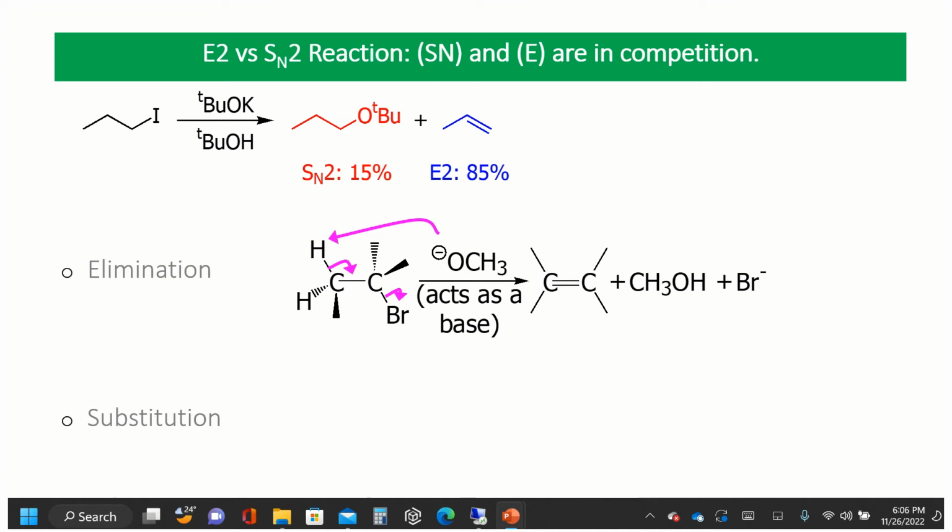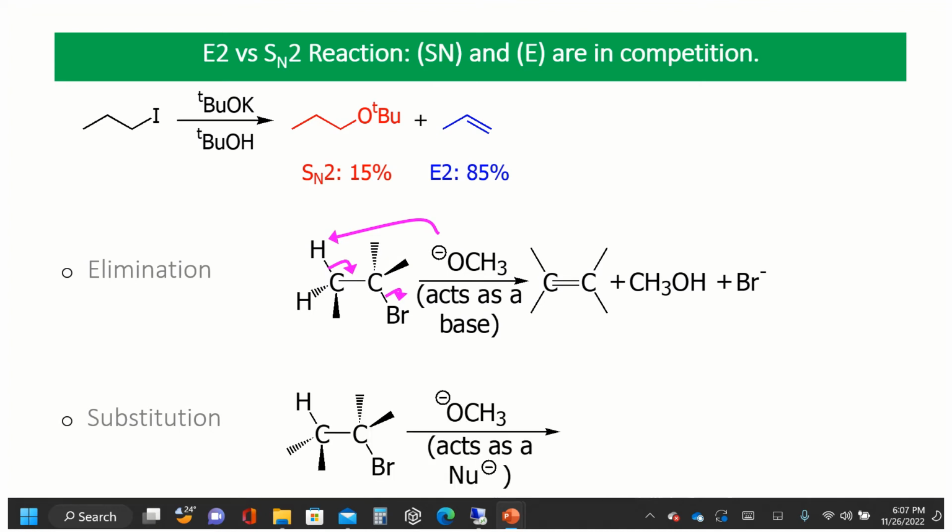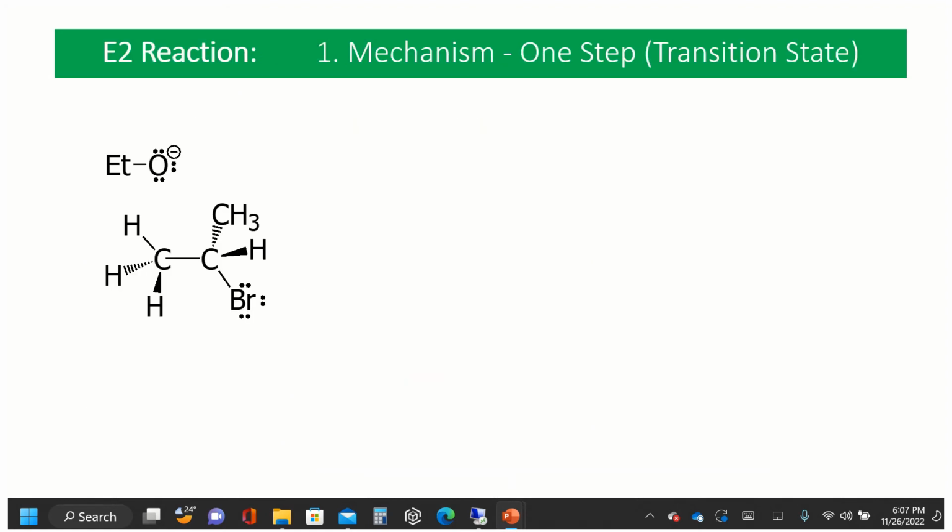It is competing against a substitution reaction. In the case of the methoxide, then of course the substitution product would dominate. The reaction, of course, we stated is one step, anti-periplanar, one plane, and we'll show you this in a few slides.